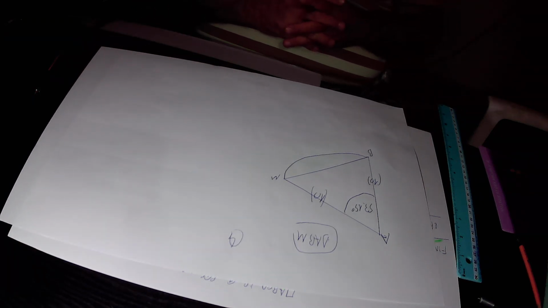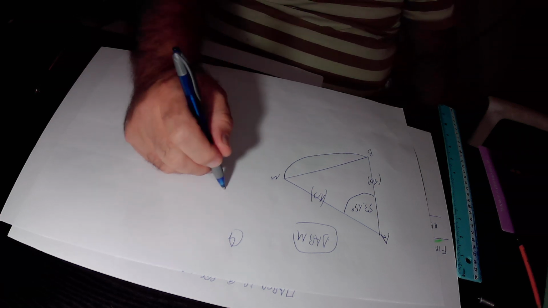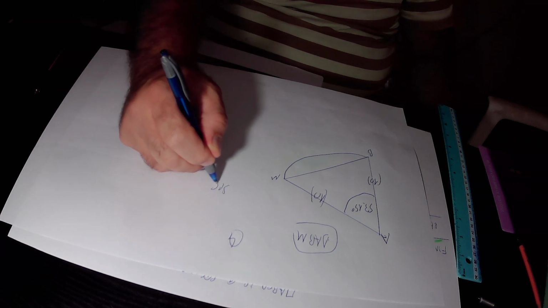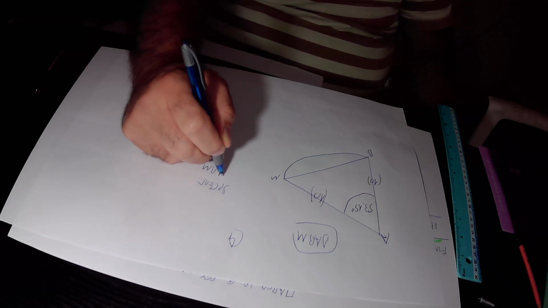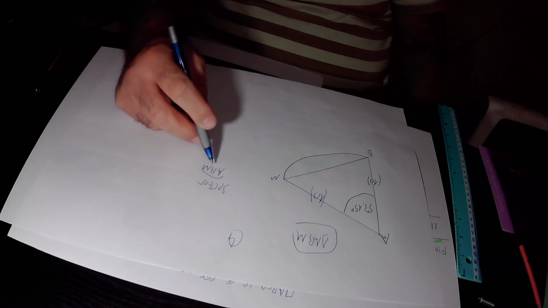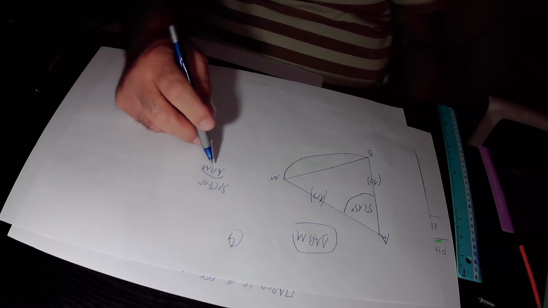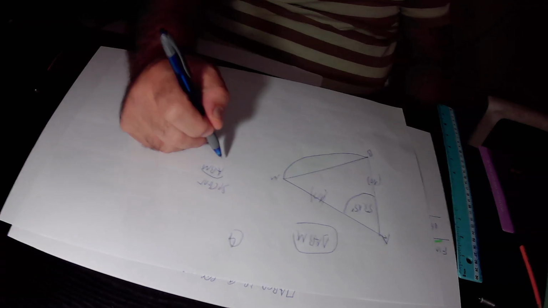So what is the area of the sector ABM? Here the rounded line above ABM is the sign for a sector.